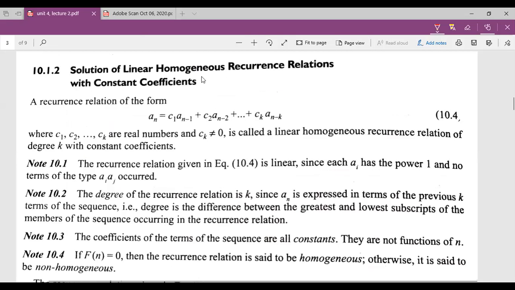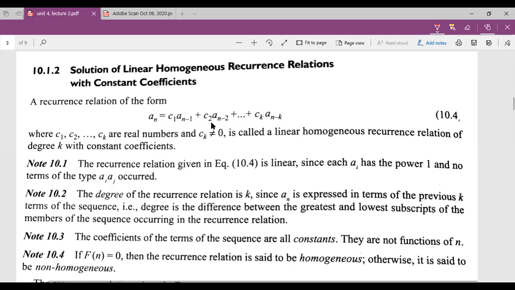A recurrence relation of the form an is equal to c1 an minus 1 plus c2 an minus 2 plus and so on plus ck an minus k, where C1, C2 and so on Ck are real numbers and Ck not equal to 0, is called a linear homogeneous recurrence relation of degree k with constant coefficients.